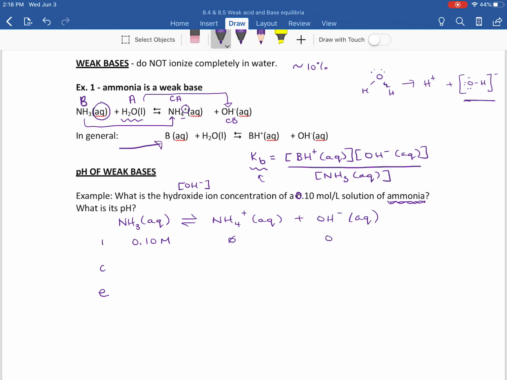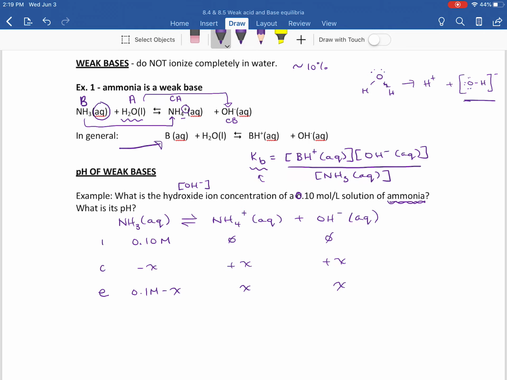We start out with none of our products. And since everything's a 1-to-1-to-1, negative x, positive x, positive x. So our change will be 0.1 molar minus x. 0 plus x equals x. 0 plus x equals x. Okay?